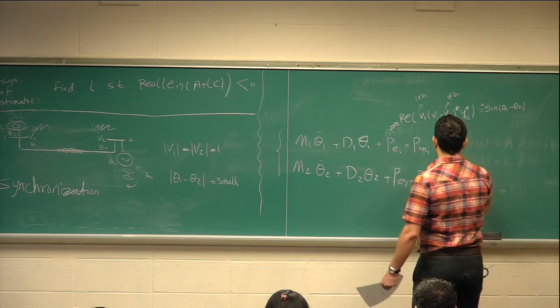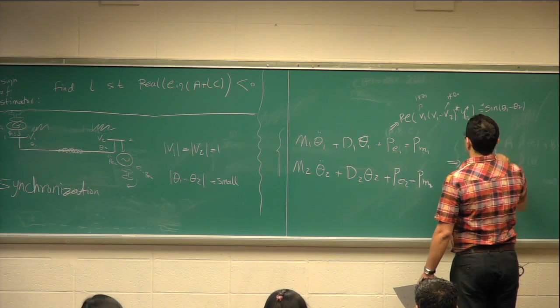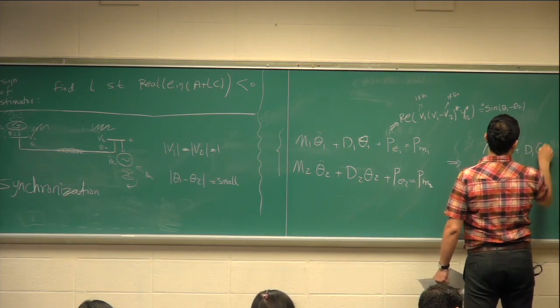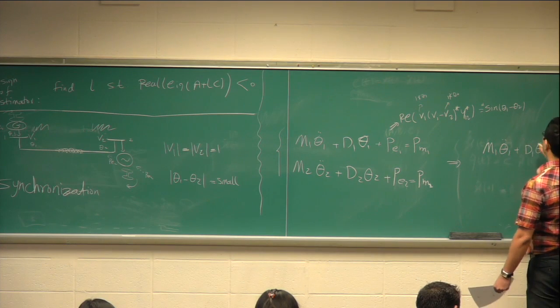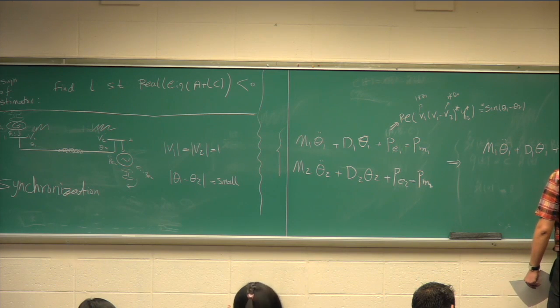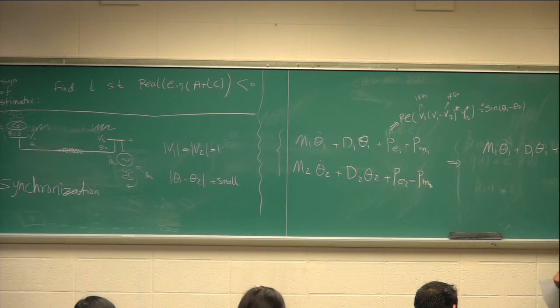So it looks like this. Let me write it again. M1 theta 1 double dot plus D1 theta 1 dot plus, the coefficient is not important, sine of theta 1 minus theta 2 is PM1.